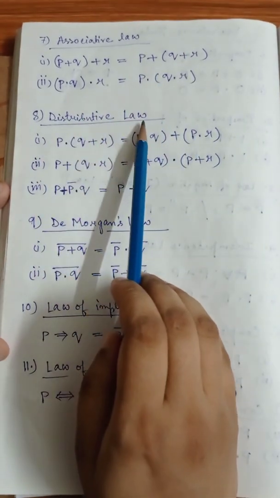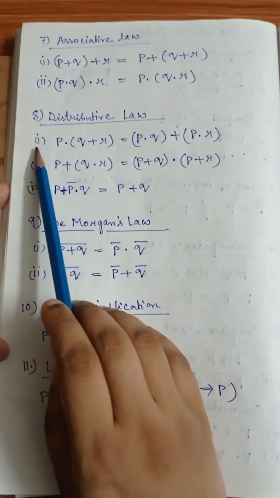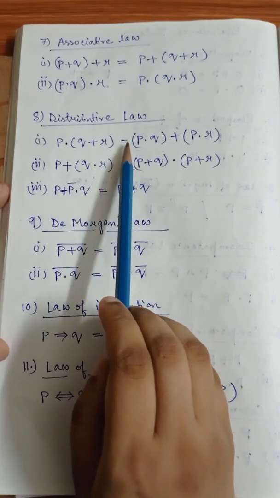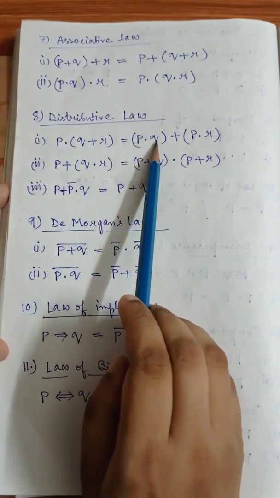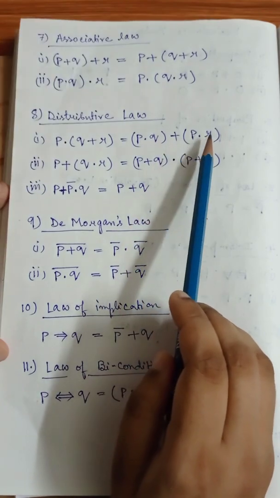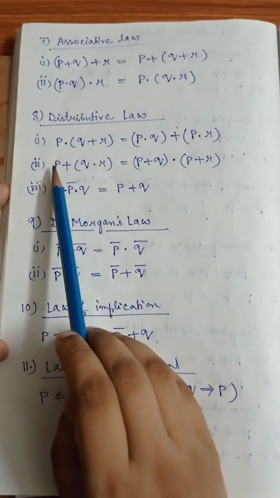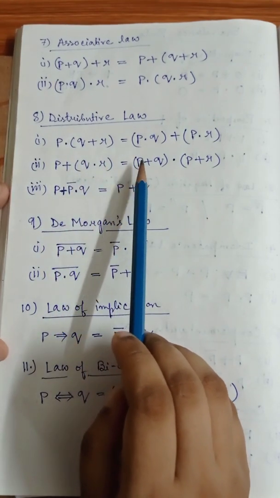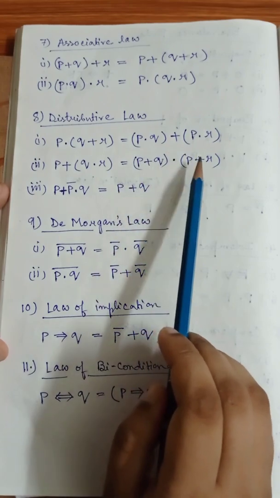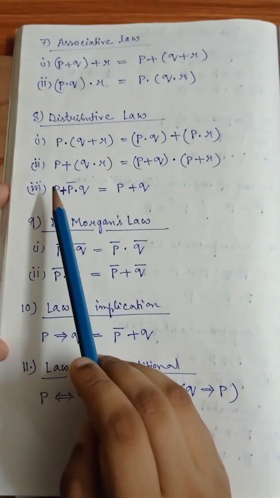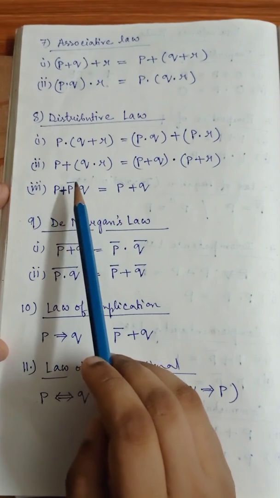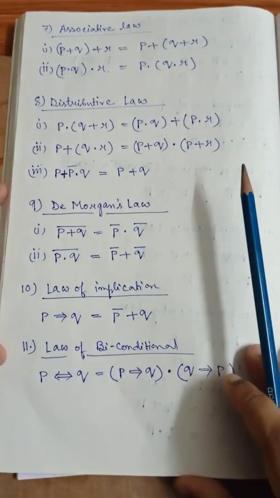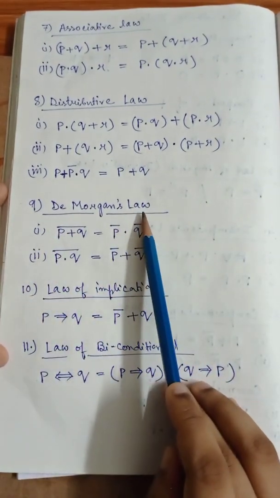Next is distributive law. First is P dot (Q plus R) is equal to or equivalent to P dot Q plus P dot R. Next distributive law is P plus Q dot R is equal to (P plus Q) dot (P plus R). Third rule is P plus P complement dot Q is equivalent to P plus Q. Next is De Morgan's law.